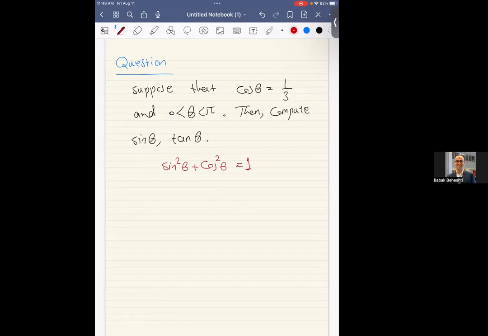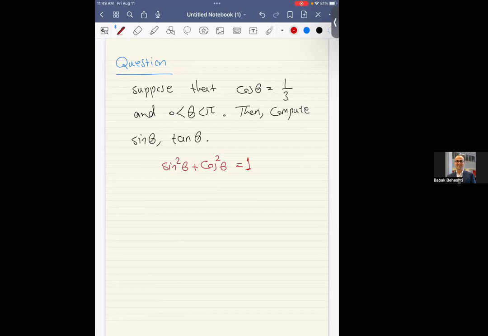Sine square plus cos square is equal to 1. I can explain it to you in a minute. It's easy, but this is one of the most important identities in trigonometry.